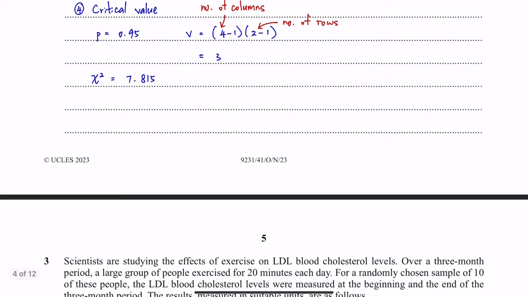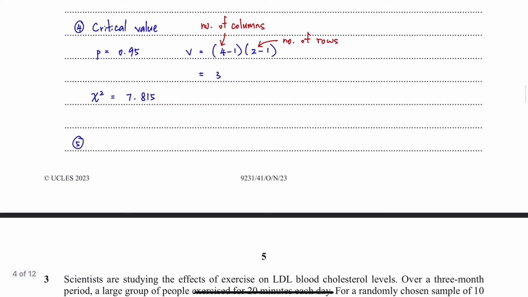So fifth step, we compare the test statistic and the critical value. So since 3.02 is less than 7.815, when our test statistic is lesser than the critical value, we would accept H naught, which is our null hypothesis.